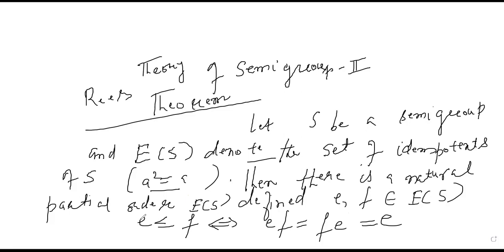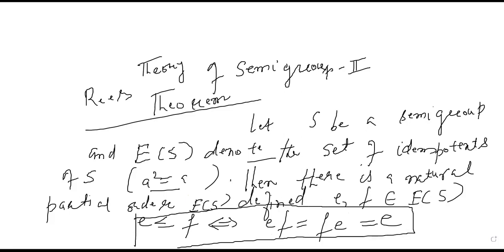Then you can easily see that this is a partial order, meaning this relation less than or equal to defined here is reflexive, antisymmetric, and transitive. Reflexivity you can easily check.